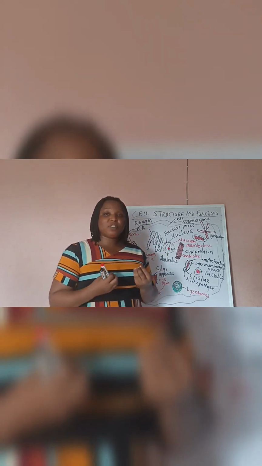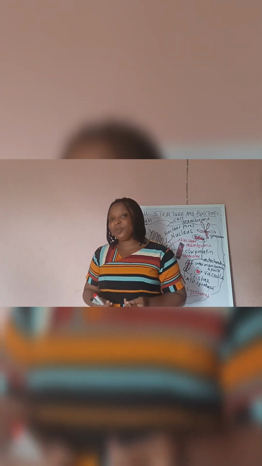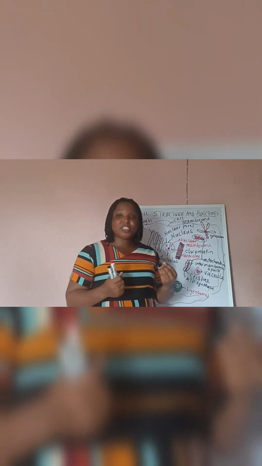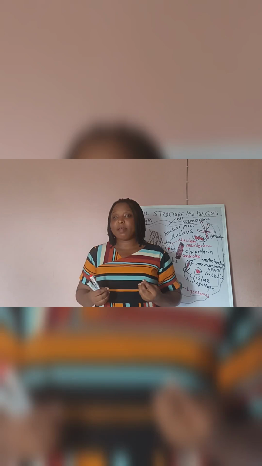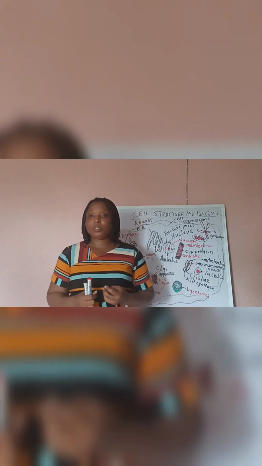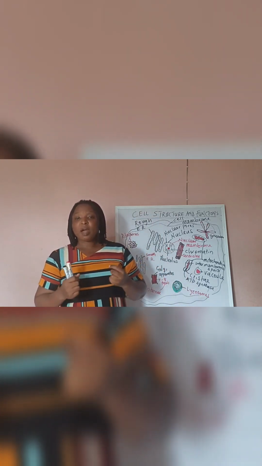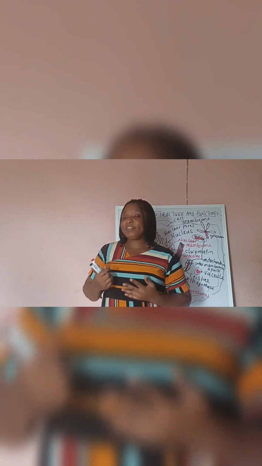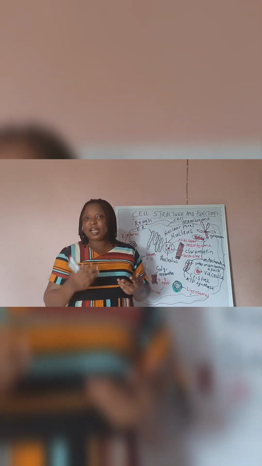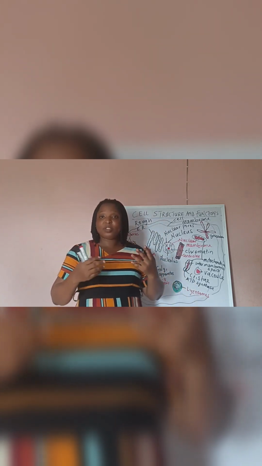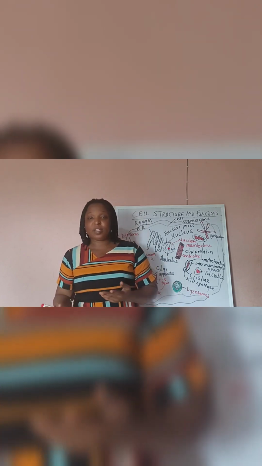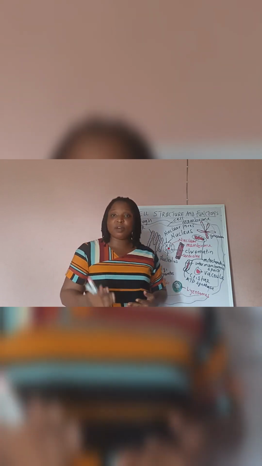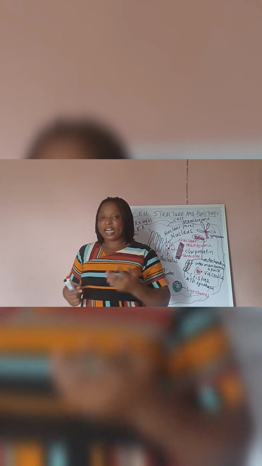Examples of specialized cells in the body include the muscle cells. The body of an animal is made up of muscles, and these muscles help in various ways in the body. We have the skeletal muscle cells, which are attached to the skeleton and help in carrying out movements and different activities in the body.